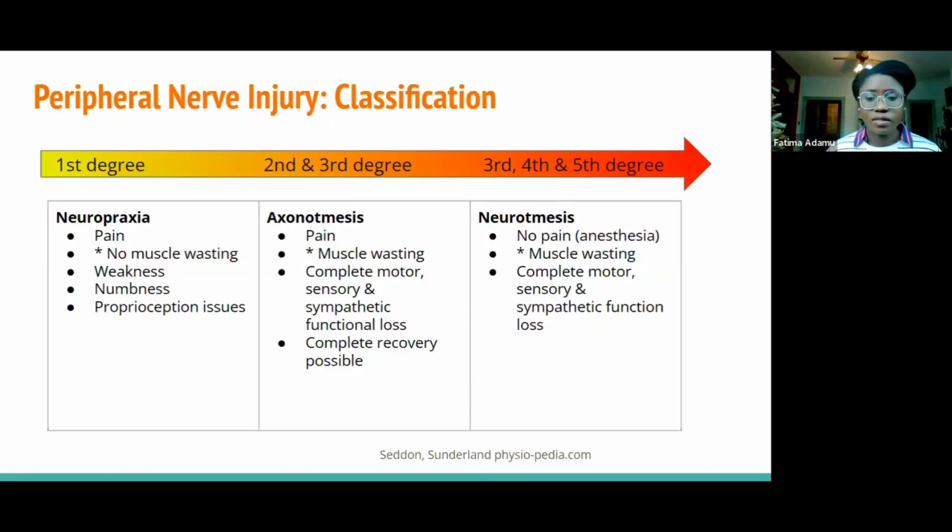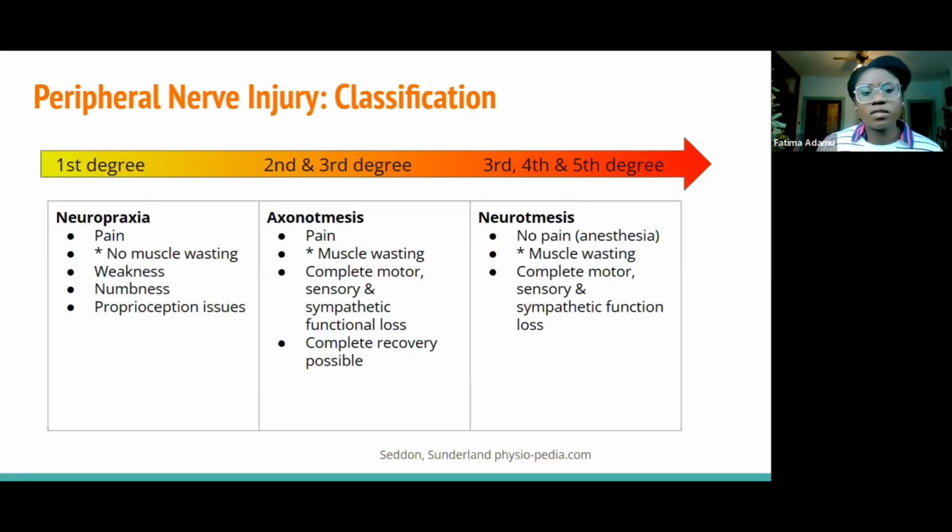Weakness, numbness is common, proprioception issues, so the ability to figure out where your arm and hand are in space and to engage with your environment. So the person might seem clumsy because they're not quite able to interpret all the sensory information that the extremity is getting.